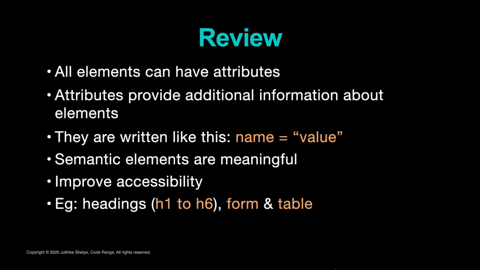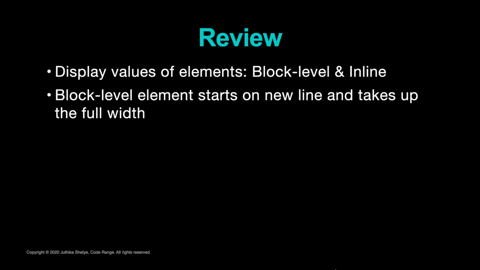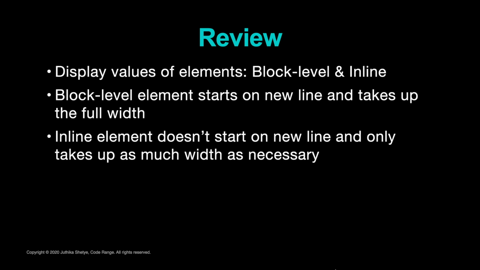Some examples of semantic elements are headings h1 to h6, form, and table. There are two display values for elements, block level and inline. A block level element always starts on a new line and takes up the full width available. An inline element does not start on a new line and it only takes up as much width as necessary.